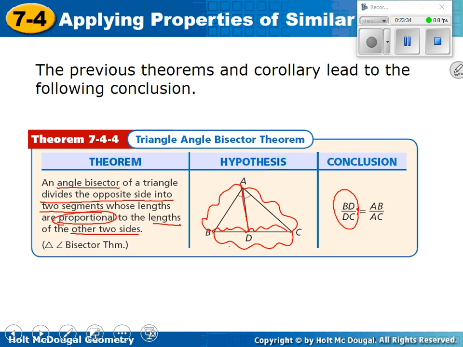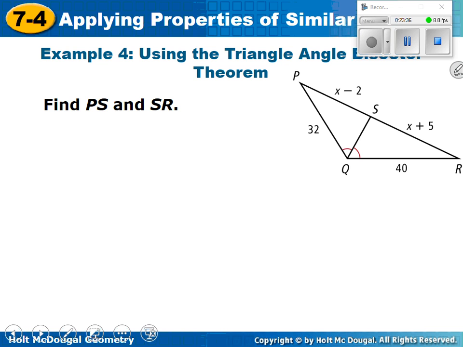So when we look at this example, where is our angle bisector? Okay, this QS is our angle bisector. So it's splitting that opposite side PR into 2 pieces, right? Here and here. And then we have our other 2 sides of our triangle. So what would my proportion look like for my problem here?